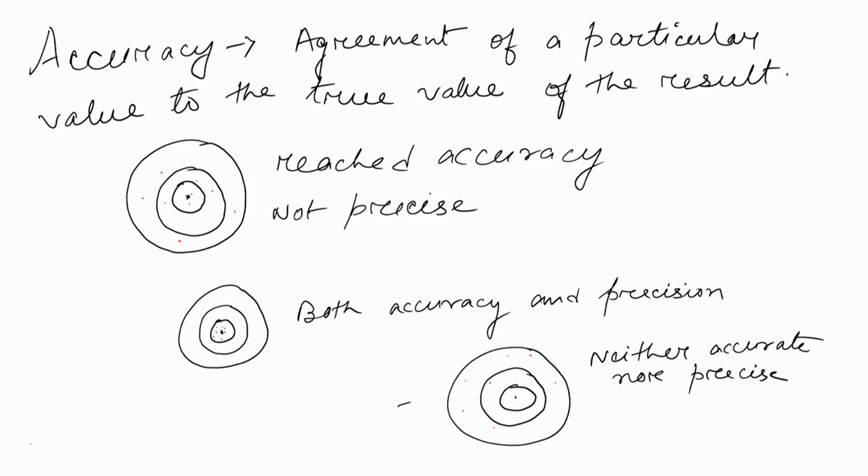Now, we can see another example with much more mathematical values. So, let's say in some experiment, we have the true value as 3.02. Okay, this is the true value.